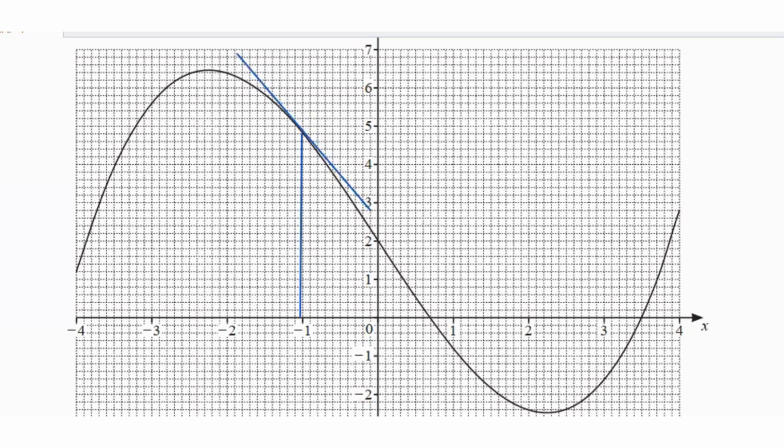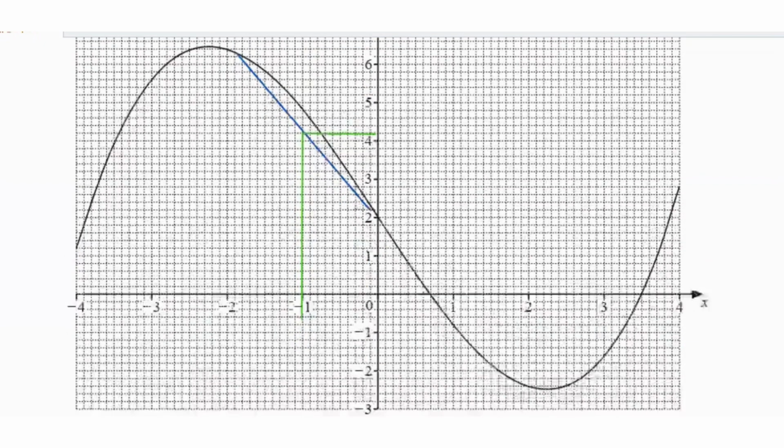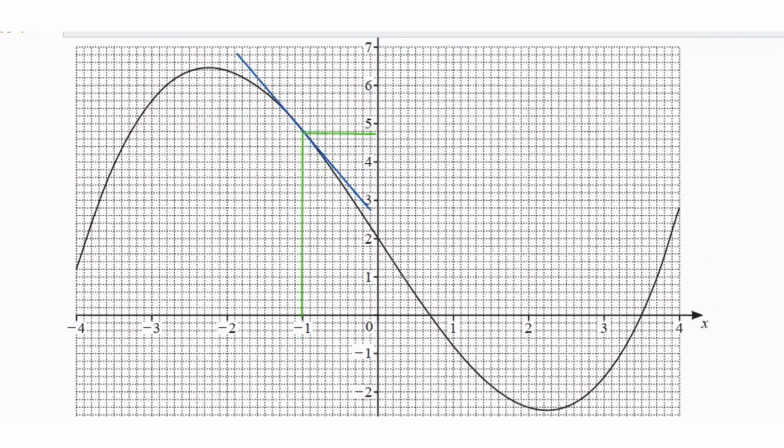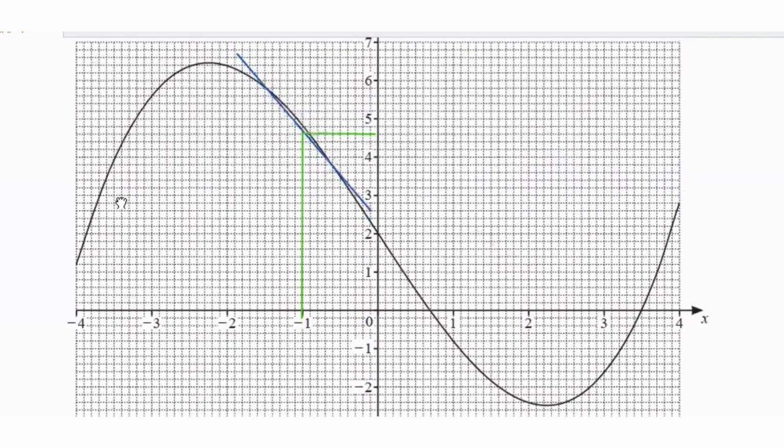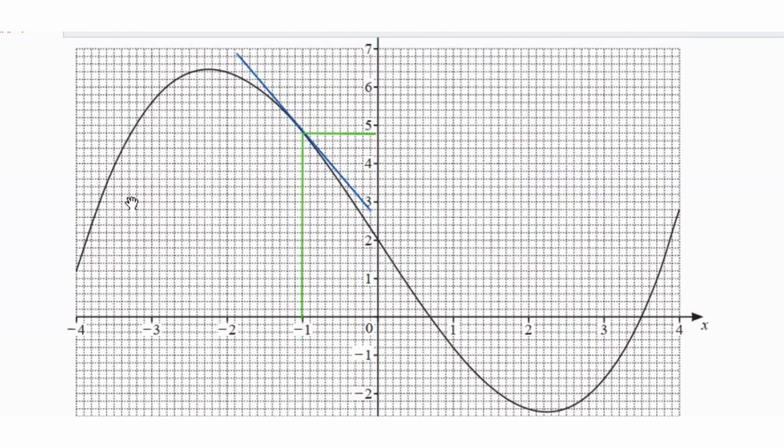What we can do is pick 2 points on this tangent and estimate the gradient of the curve. Remember that the gradient of the tangent is the same as the gradient of the curve. So if you find the gradient of the tangent, that would be the gradient of the curve as well.